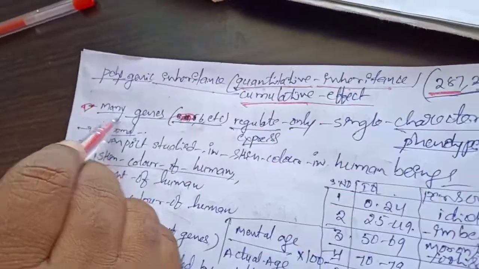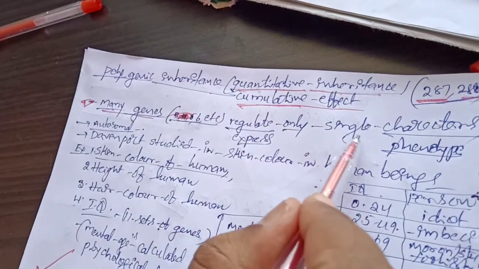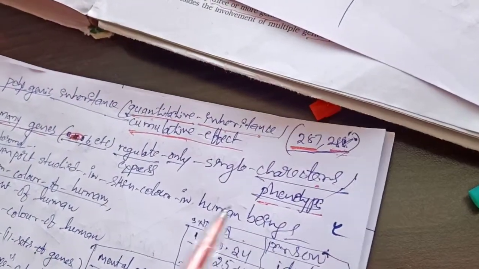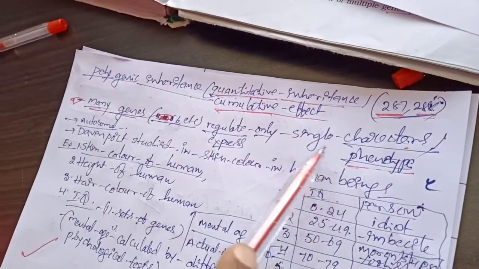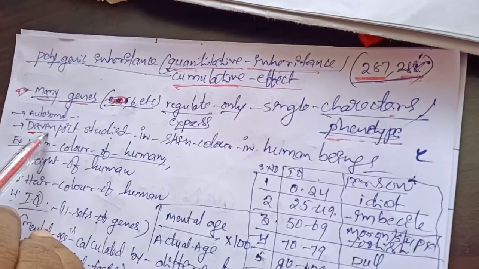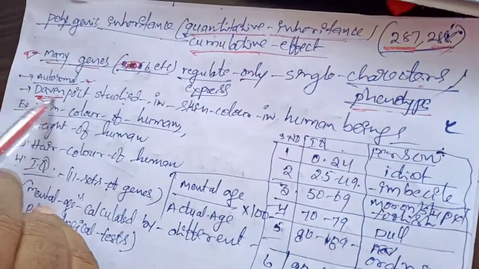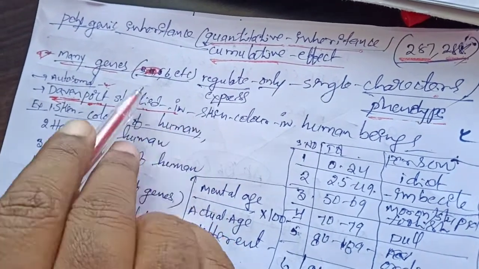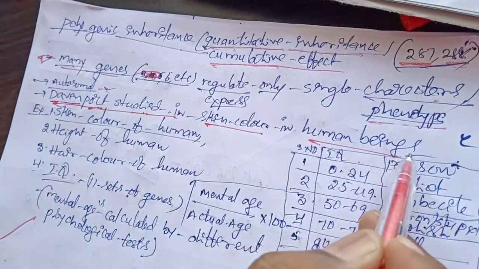When many genes regulate a single character or single phenotype, we call it polygenic inheritance. It was first studied by Davenport, with the example of skin color in human beings.